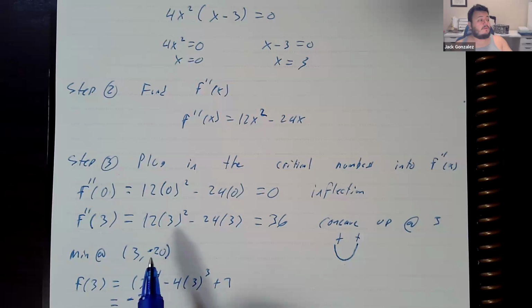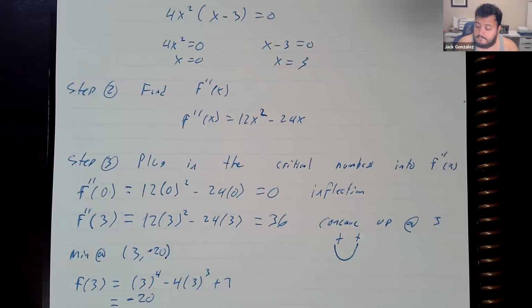And if we graph it, we can see all of this. So we found an inflection point right at 0, 7.